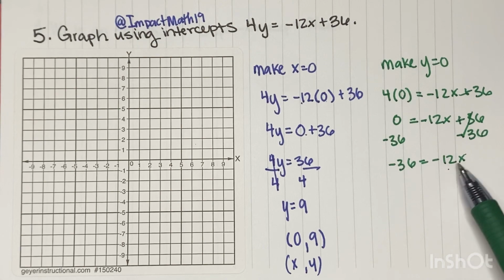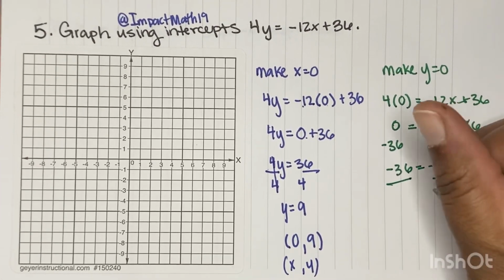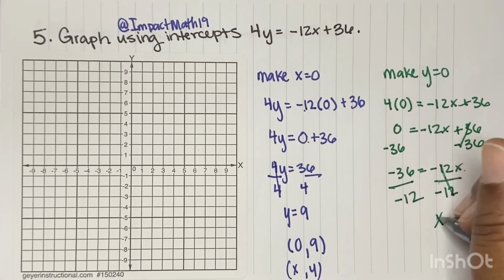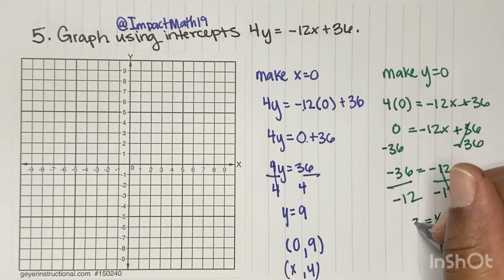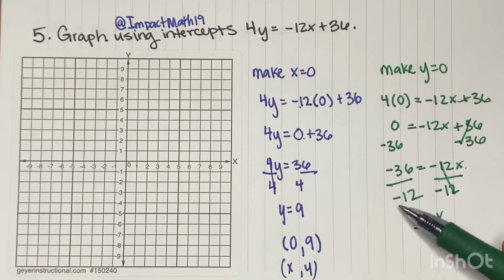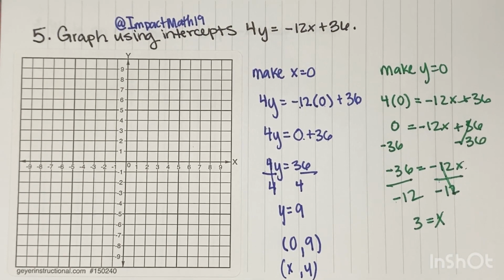These are connected through multiplication. We undo it by division. So we're going to divide by negative 12. And we get x equals 3. Because a negative divided by negative is a positive. And then 12 times 3 is 36.